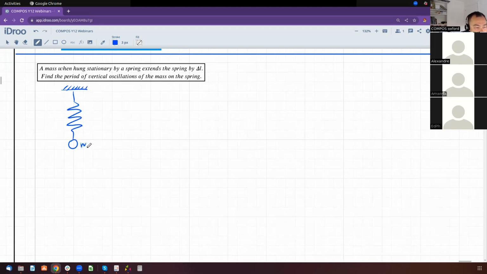So this is a mass, and when it is hung stationary, the spring extends by delta L. So compared to the non-extended position, let's say it was here, now extended by delta L.